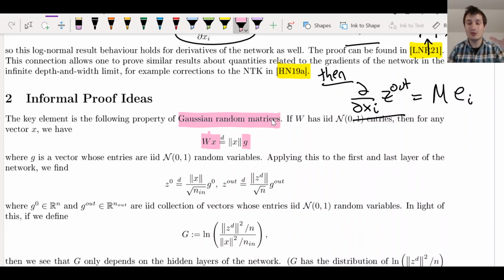So a Gaussian matrix times any vector, no matter what it is, gives a Gaussian vector. And that's just because you're doing linear combinations of Gaussians, so you get a Gaussian. The only potential thing that could screw you up is how you scale everything. And it turns out you scale by the norm of the thing you input. So anytime you multiply by a Gaussian matrix, you get a Gaussian vector.